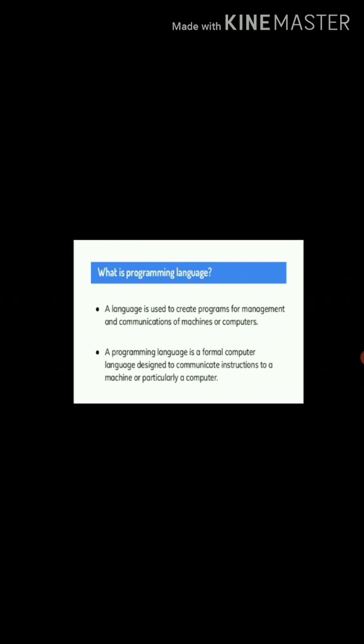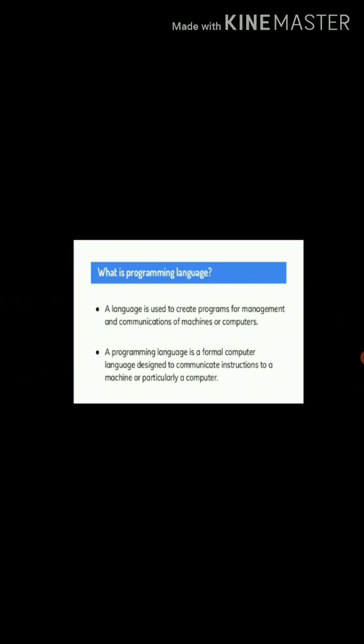Children, you know about other languages like Hindi, English, Urdu, etc. Computer language is also a type of these languages. A computer language is the means by which instructions and data are transmitted to the computer.